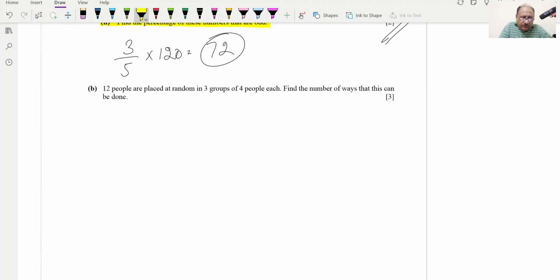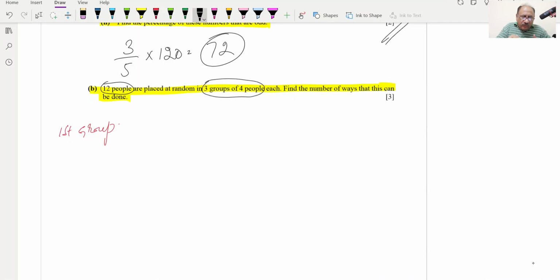12 people are placed at random in 3 groups of 4 people each. Find the number of ways that this can be done. So for this one we can take the first group. For the first group we have a total of 12 people, and we have to arrange three groups of 4 people.